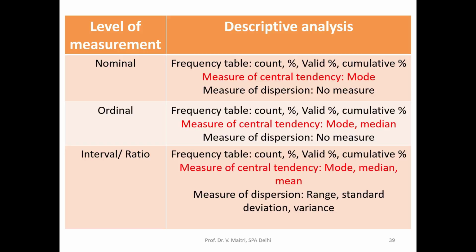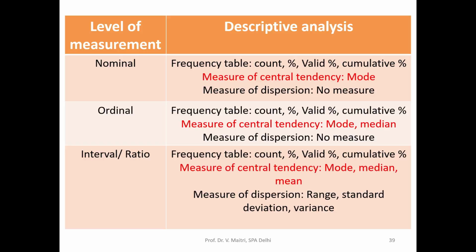For ordinal data, that is data which we can arrange in a certain order, we can have the frequency table, the count, the percentages, the valid percentages and the cumulative percentages. As far as central tendency is concerned, we can compute both mode and median. But as far as dispersion is concerned, we cannot measure it.